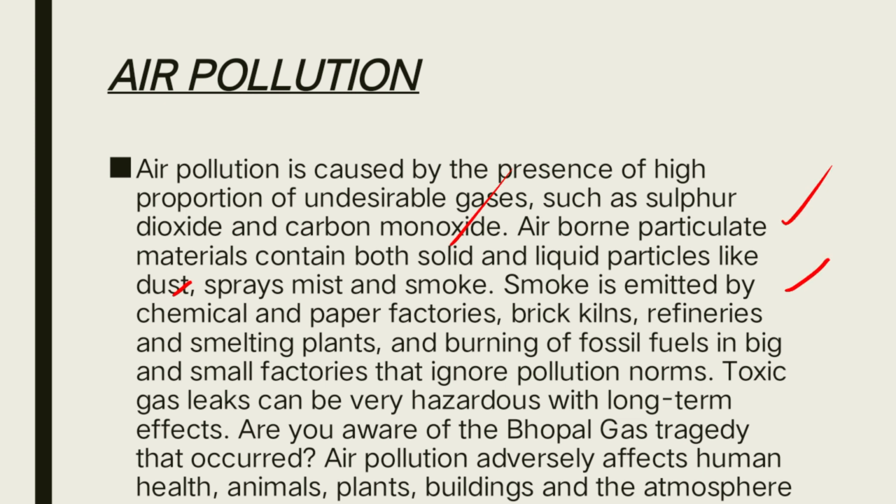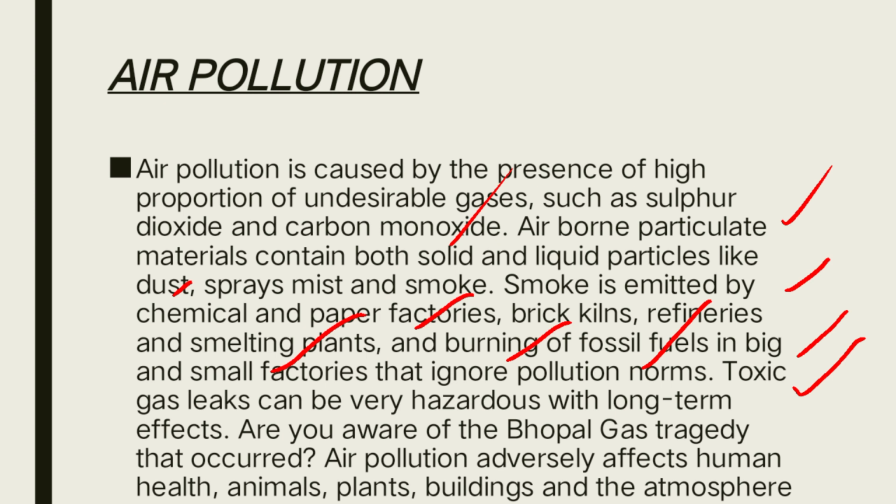Smoke is emitted by the chemical and paper factories, brick kilns, refineries and smelting plants. Here, burning of fossil fuels is happening in big and small factories. They don't follow the pollution norms. They have to follow the pollution norms, otherwise toxic elements and poisonous gases are released.